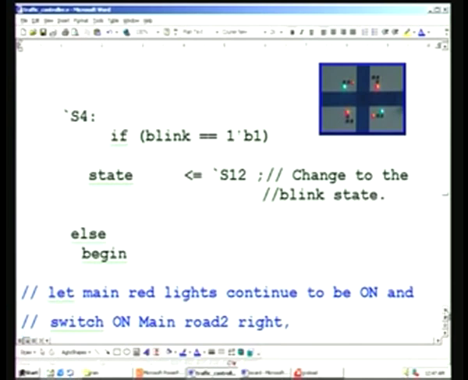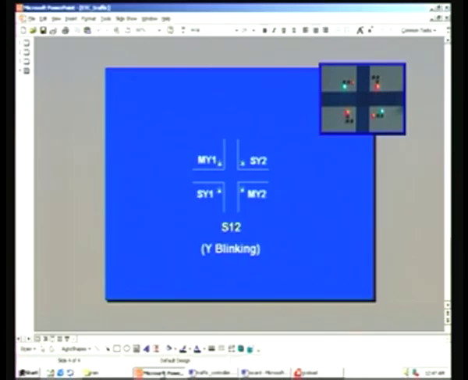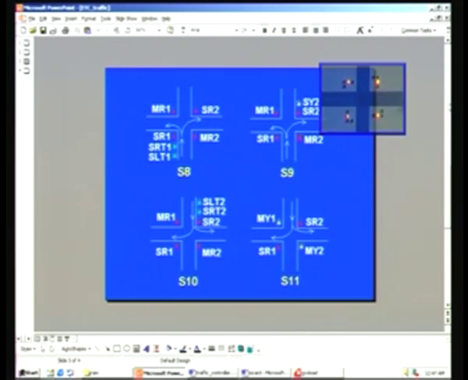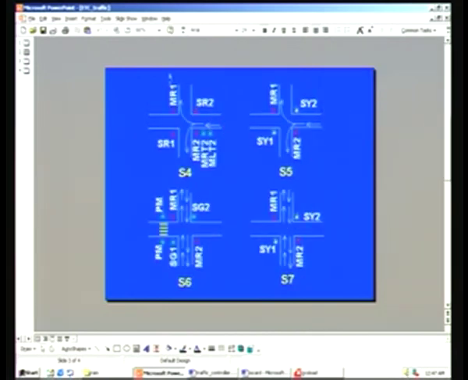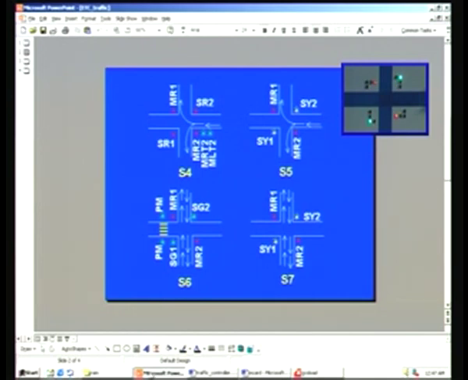So, this is S4 state, and if you want to recollect what that S4 is, this is right flow traffic from the side main road itself.